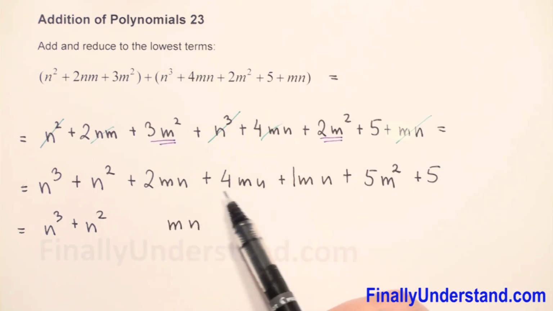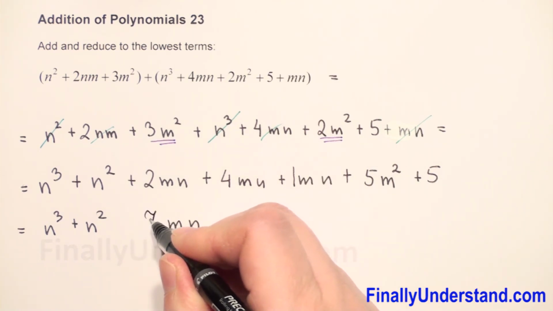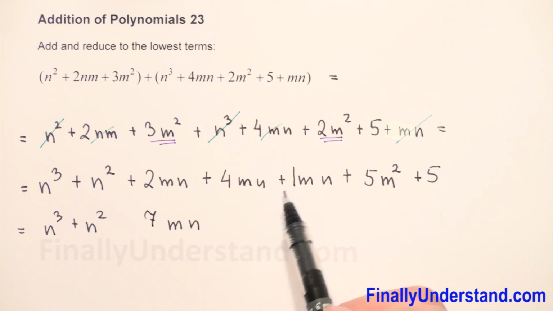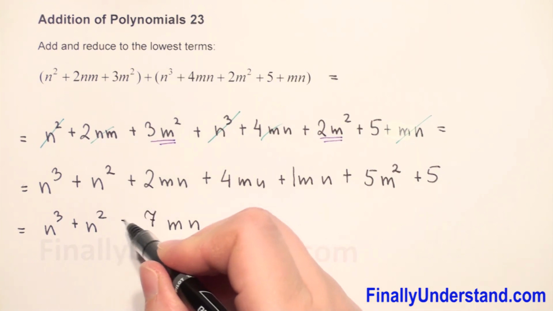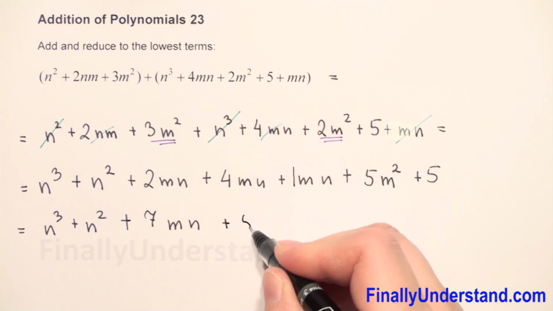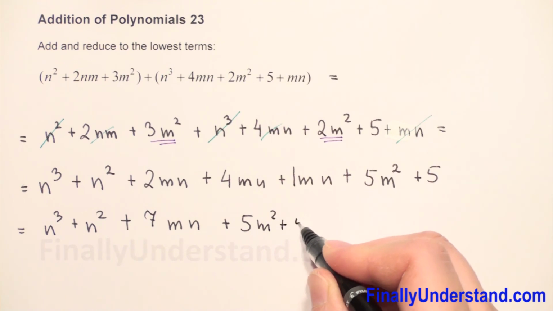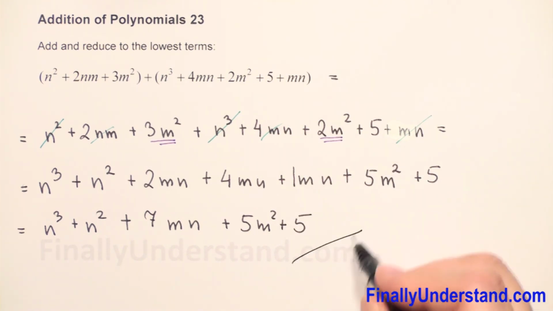So it's 2 plus 4 is 6 plus 1 is 7. And because these three coefficients are positive, we keep the positive sign. And the last two terms we have to copy: 5m squared plus 5. This is my solution.